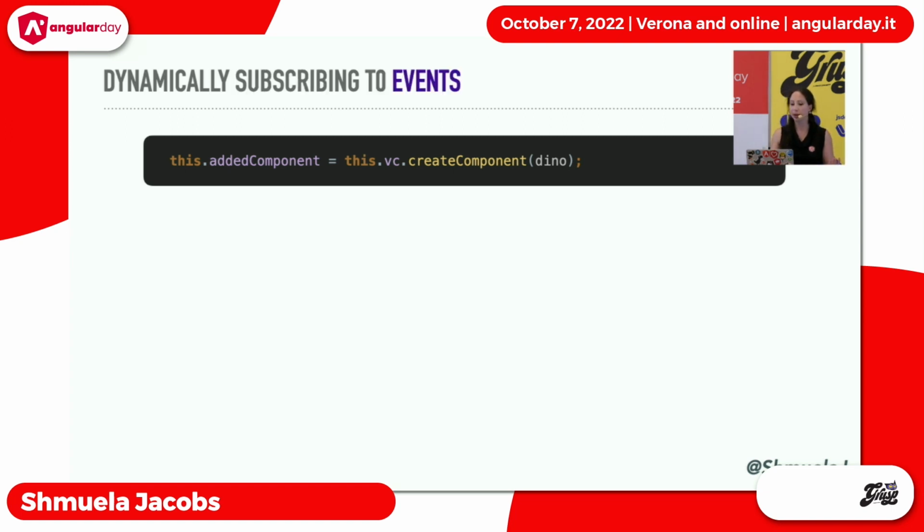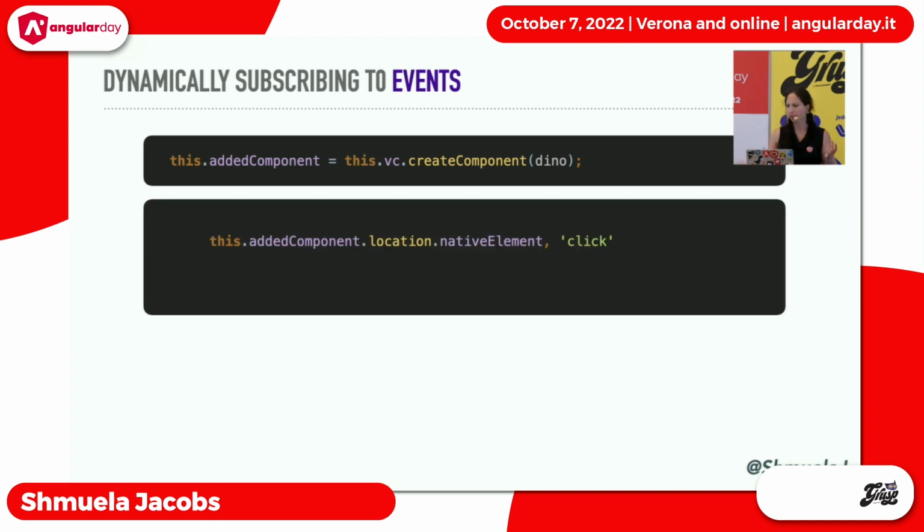Now, how do you subscribe to events? Again, two different methods. First, when you have native events that you want to subscribe to, so you want to subscribe to the click event on the whole dynamic component. So you don't have an event emitter that you wrote by yourself for click, right? Just like any other component.